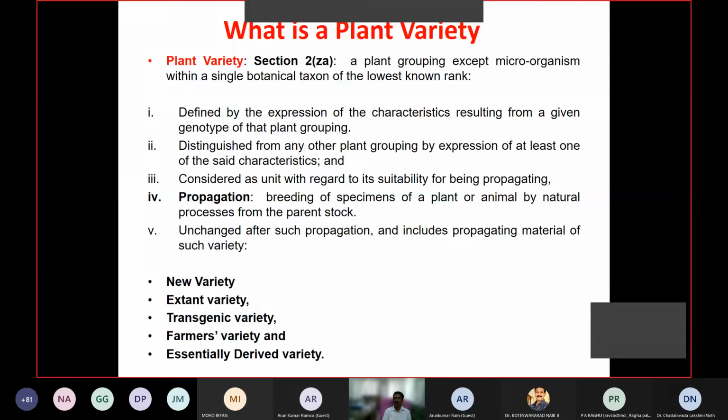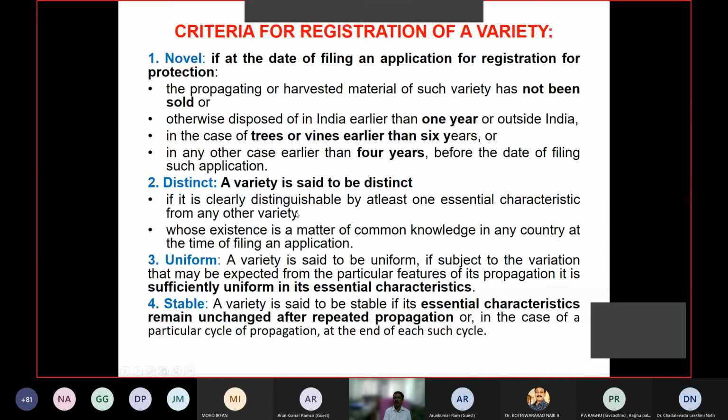Propagation means the breeding of specimens of a plant or animal by using natural processes. And if something is unchanged after propagation, it includes propagating material also, variety. So we recognize various varieties: new varieties, extant varieties, transgenic variety, farmers' variety, and essential derived varieties.